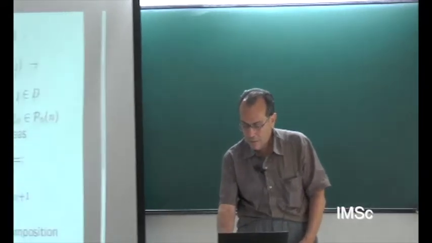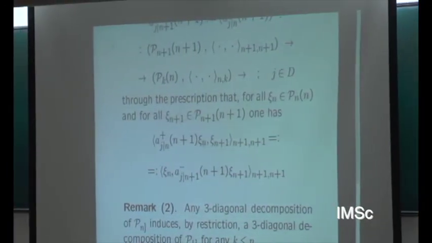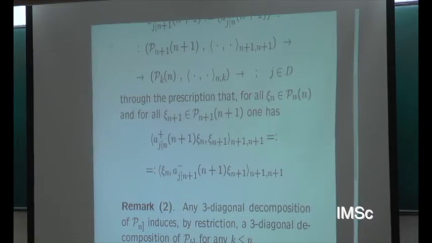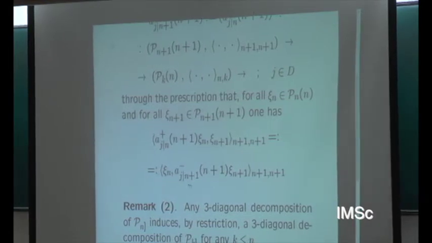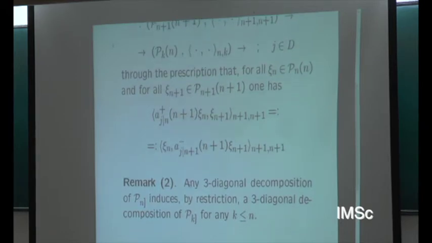So once I have the creator, which brings from n to n plus 1, I uniquely obtain the annihilator, and this will exist because by assumption the creator preserves the zero norm vector, so it has an adjoint. And of course, any three-diagonal decomposition induces, by restriction, a three-diagonal decomposition of the lower order subspaces.